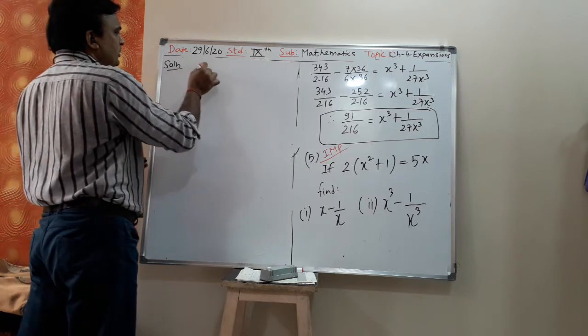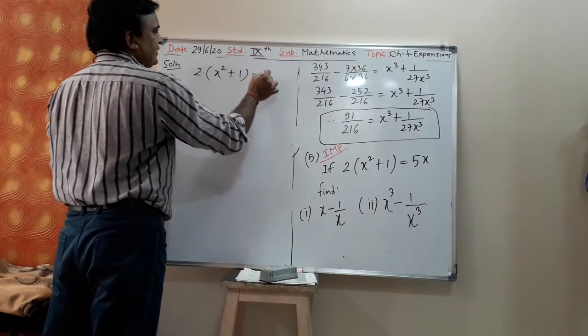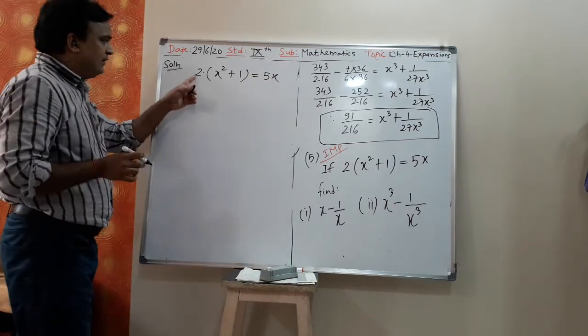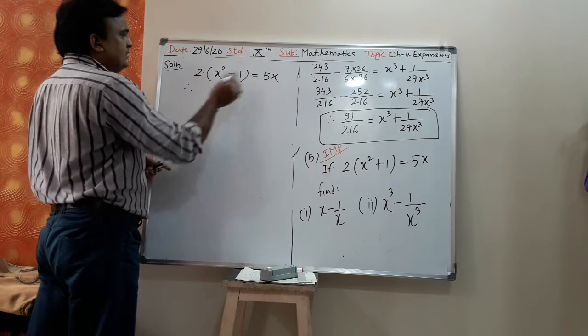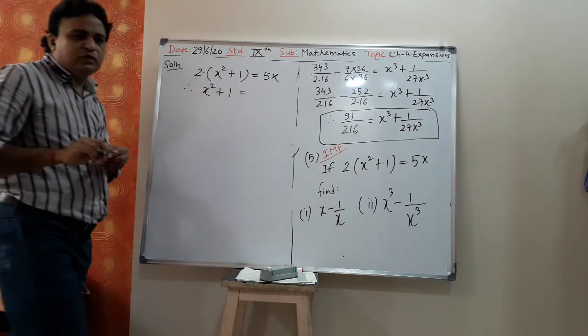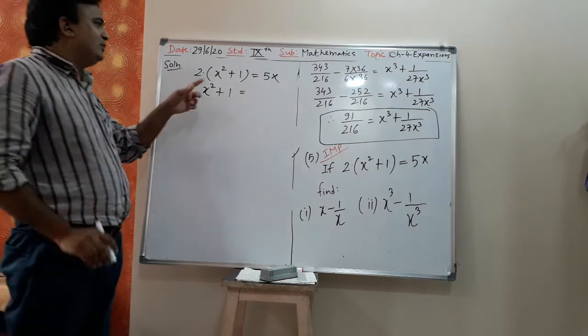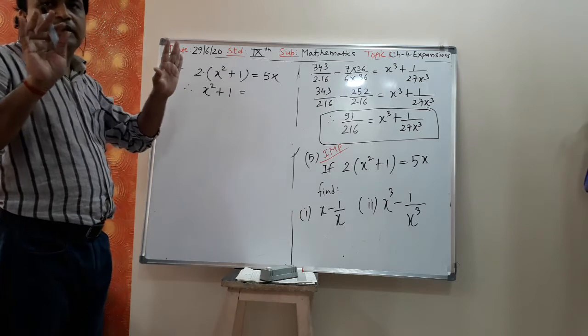We are given 2 into (x square plus 1) is equal to 5x. So what I will do, I will take 2 on the other side. So what I am telling you, wait, let me explain.